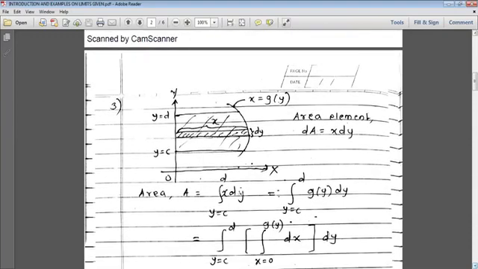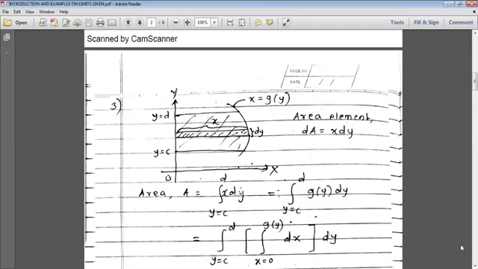Now consider the third example. You see the area under the curve x is equal to g of y, which is bounded by the straight lines y equal to c and y equal to d and the y-axis. Consider a horizontal strip. It is a small rectangular strip which is representing the whole area. So the area element dA is equal to x into dy.